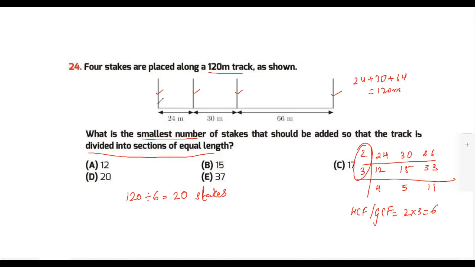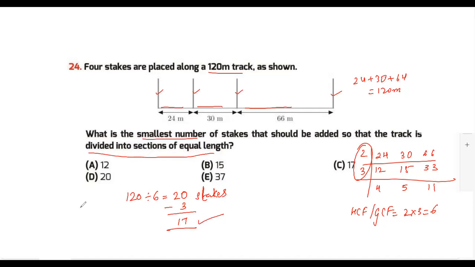Now out of 20, we see how many have already been put. It's already been divided into 1, 2, and 3 lengths. So I will subtract 3. So what is the smallest number of stakes that should be further added? 17 stakes should be further added so that the track is divided into equal sections.